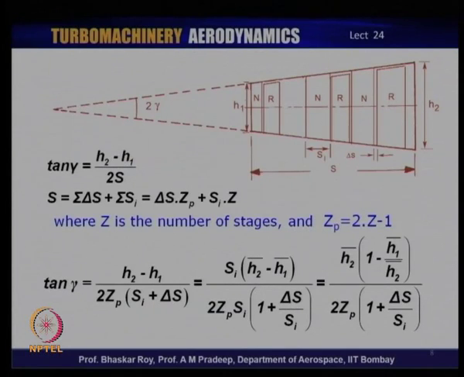So, the simplest way of looking at it is as a part of a cone, which has a subtended angle of twice gamma, and this is decided by the change of height of the rotors and stators. Stators are also called nozzles. So, you have nozzle, rotor.